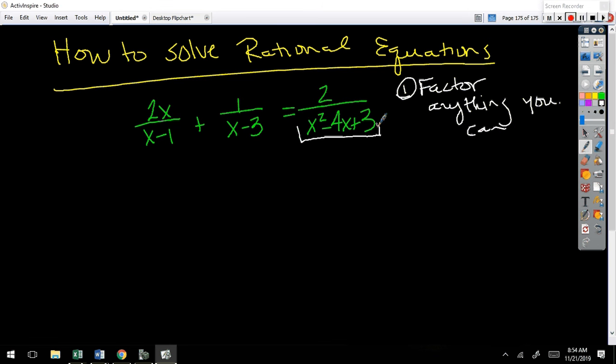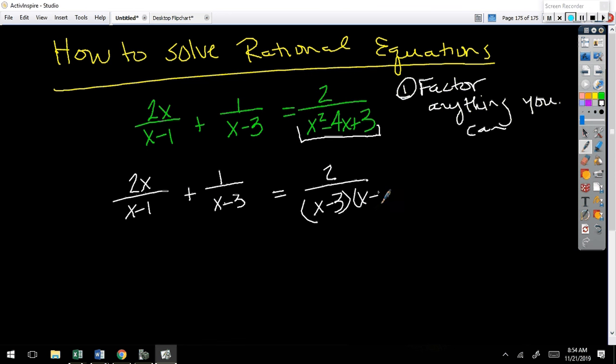I think we just did this one, didn't we? Okay. So we have 2x over x minus 1 plus 1 over x minus 3 equals 2 over x minus 3 times x minus 1. Did I confuse anybody? All I do is factor.